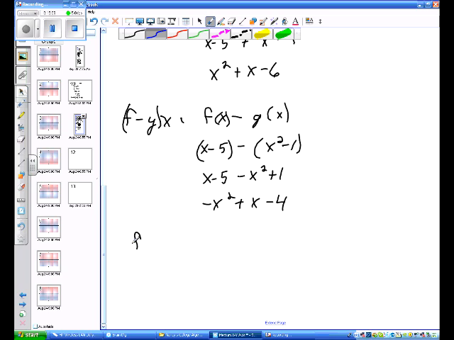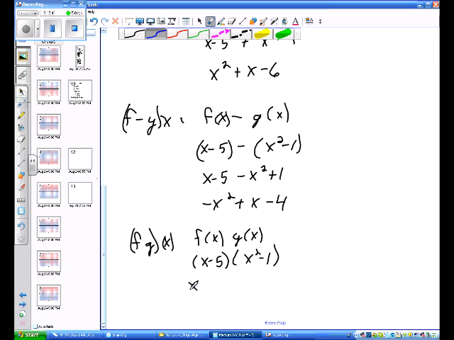If we want f times g of x, and on all of these, our domain is still from negative infinity to positive infinity. But this means that we want to multiply f of x times g of x. Well, f of x was x minus 5. g of x was x squared minus 1. So in multiplying these, we will use our distributive property.